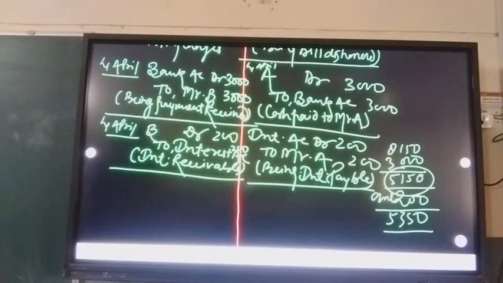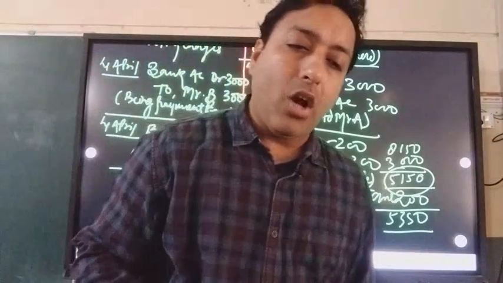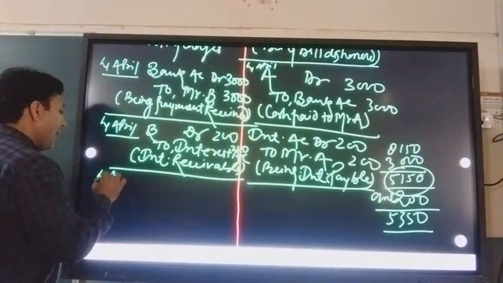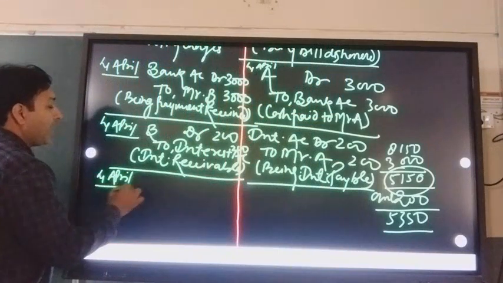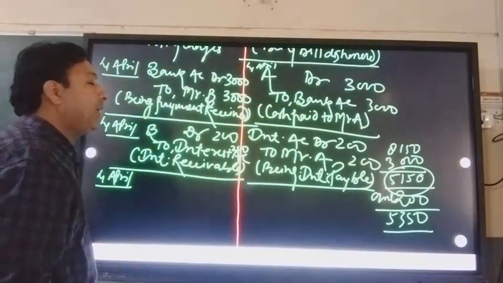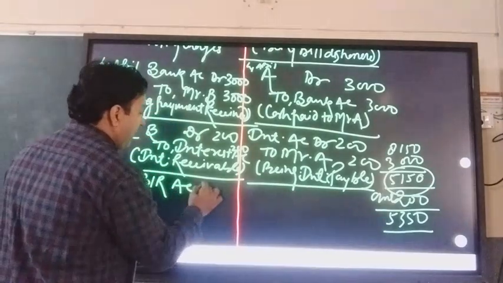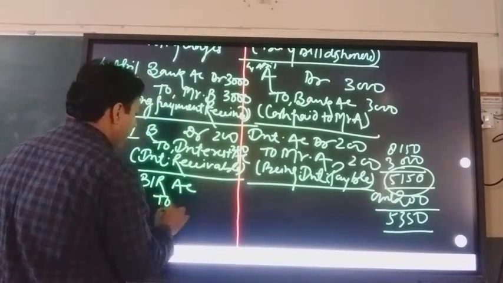Now you have to write the new bill on the same day. See, on the 4th April, who writes the bill? The seller writes the bill. So BR account debit, and to what?